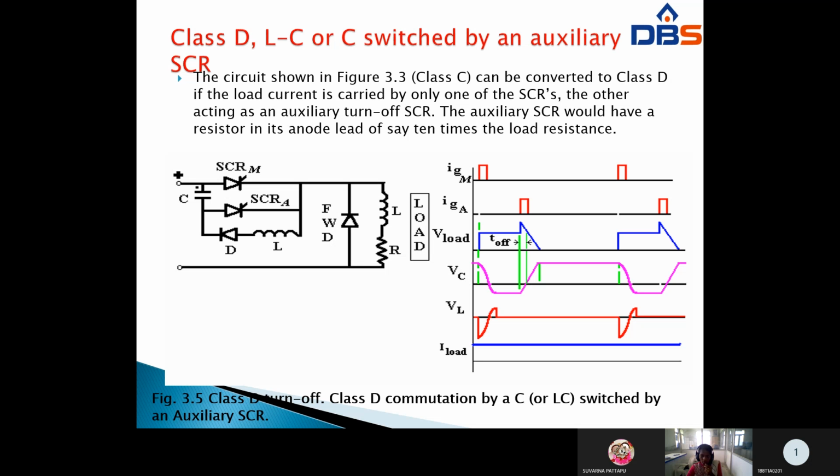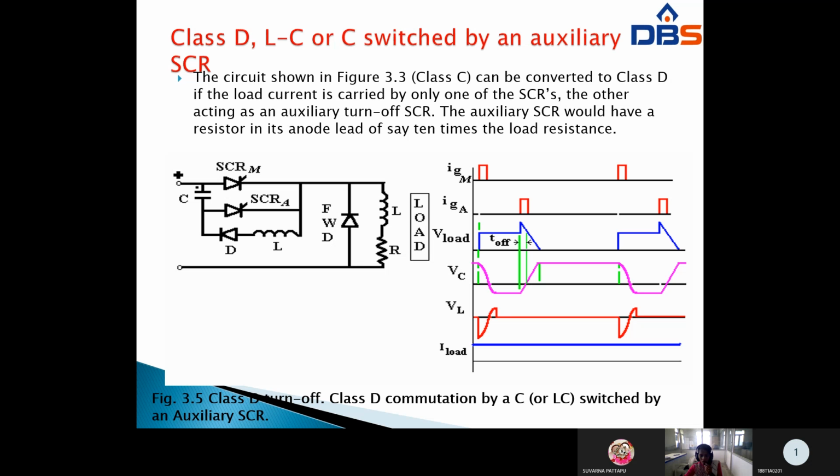Whenever the SCR is triggered, the load voltage will increase. After the auxiliary SCR is triggered, it increases and also discharges in the negative cycle. In the load circuit, the load voltage discharges through the freewheeling diode.